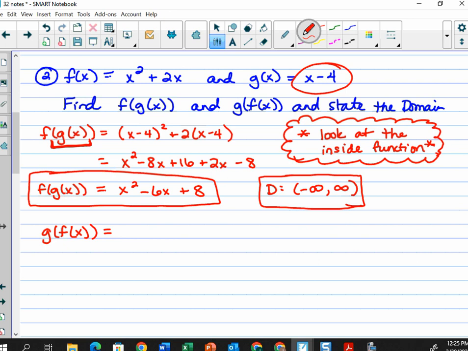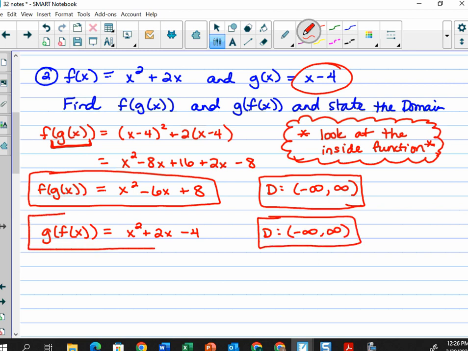All right, guys, what'd you get for g of f of x? Yep. And what is your domain? Yep. Okay, again, we're starting fairly easy, but I want to make sure we get the process on the easy ones.